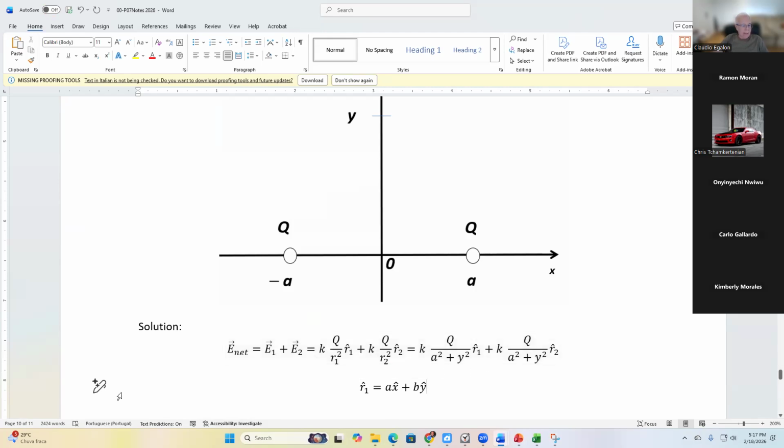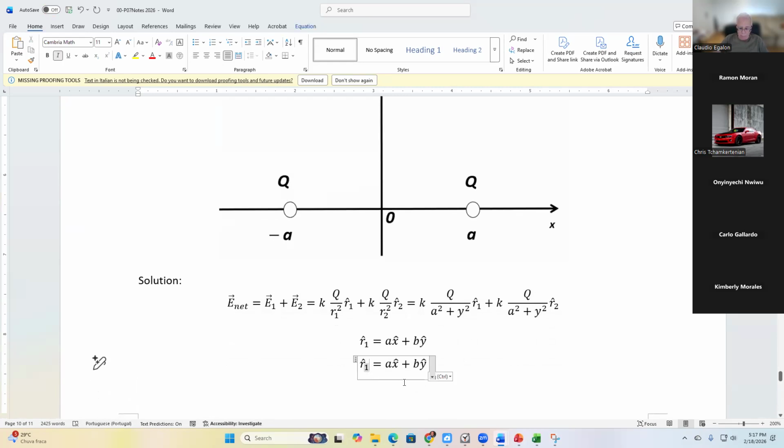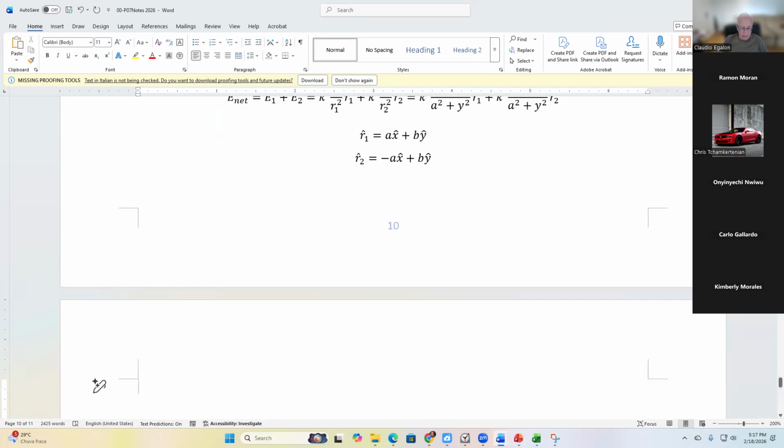And then we have something similar, but not exactly the same. For R2, remember I told you the X component of R2 is negative. Okay, A and B are both greater than 0.